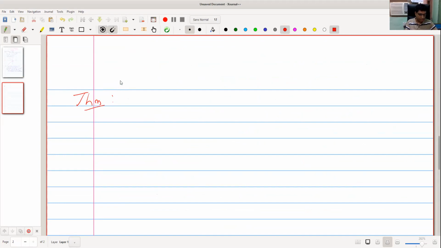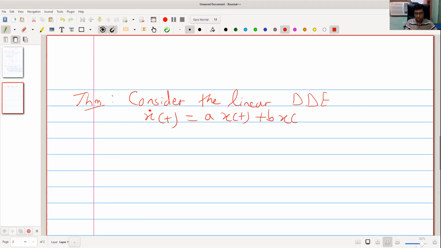Consider the linear delay differential equation x dot of t equal to ax of t plus bx of t minus tau. We call this as 1.